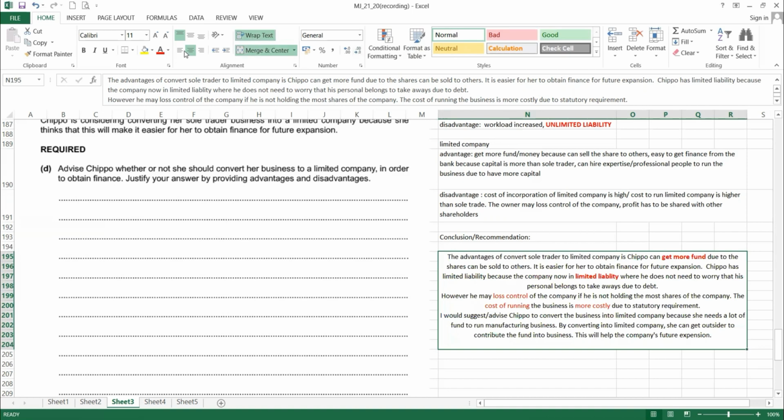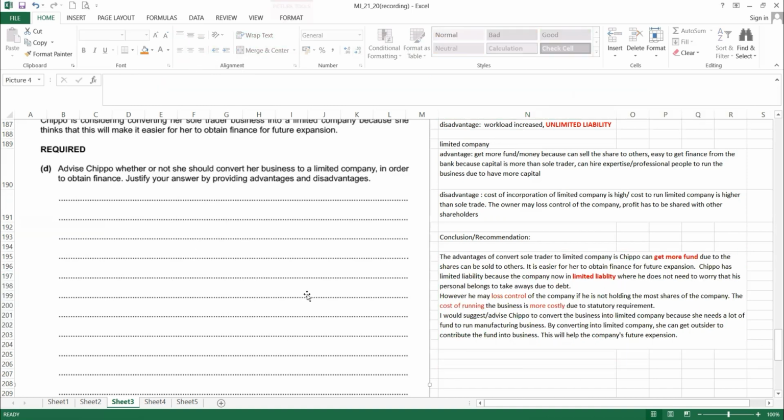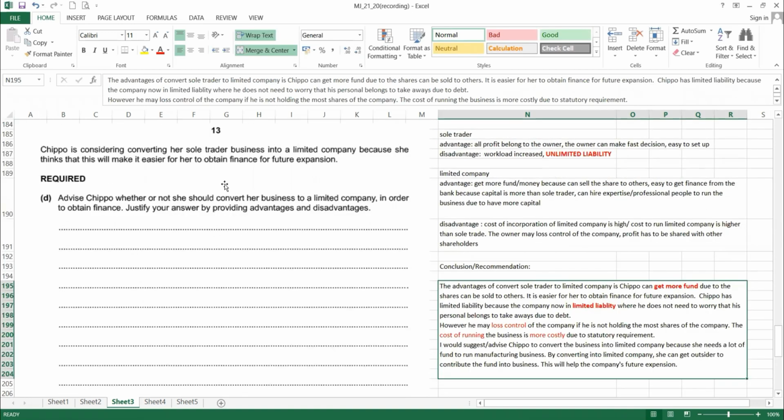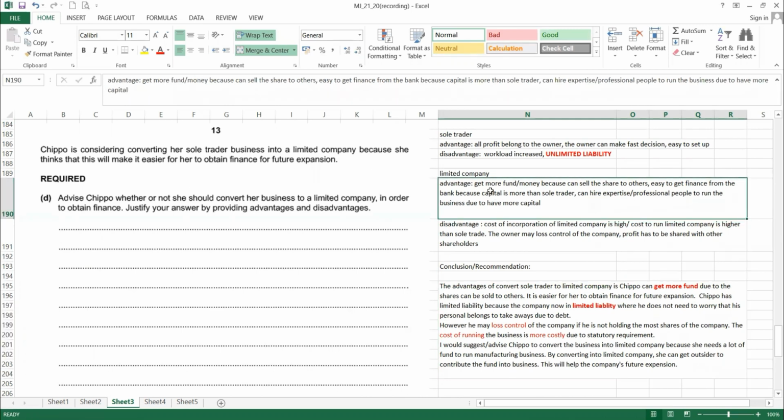So for the theory part, now all the theory questions are not straightforward. So you must cover all the areas. Based on the question, they want an advantage and disadvantage. So I will try to use talking about limited company because their key thing is converting into limited company.